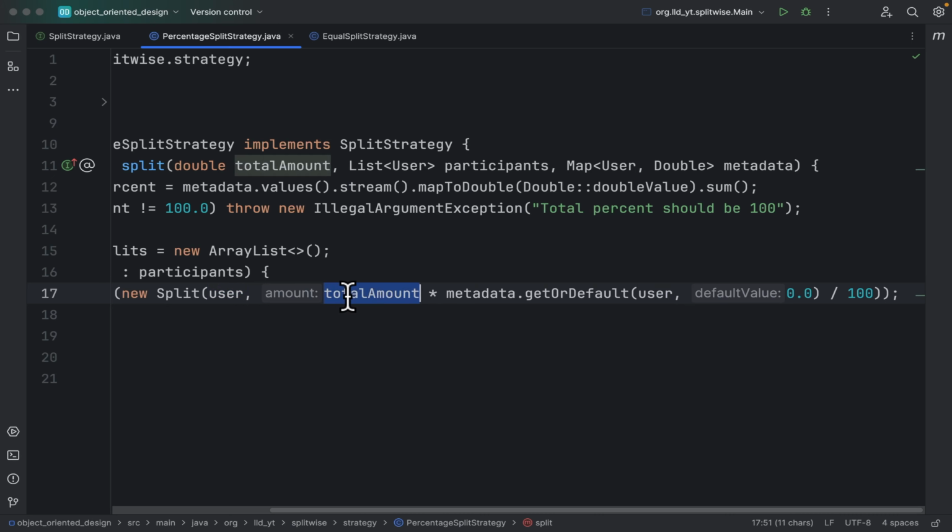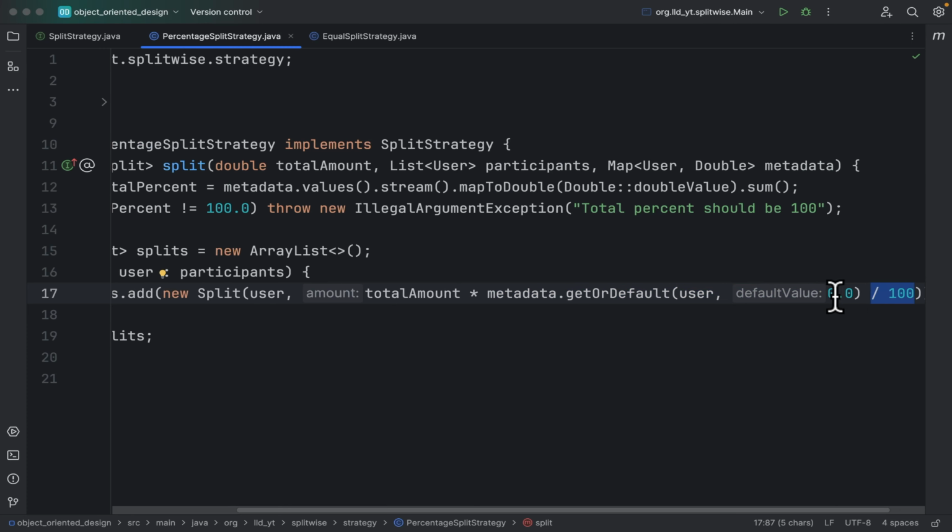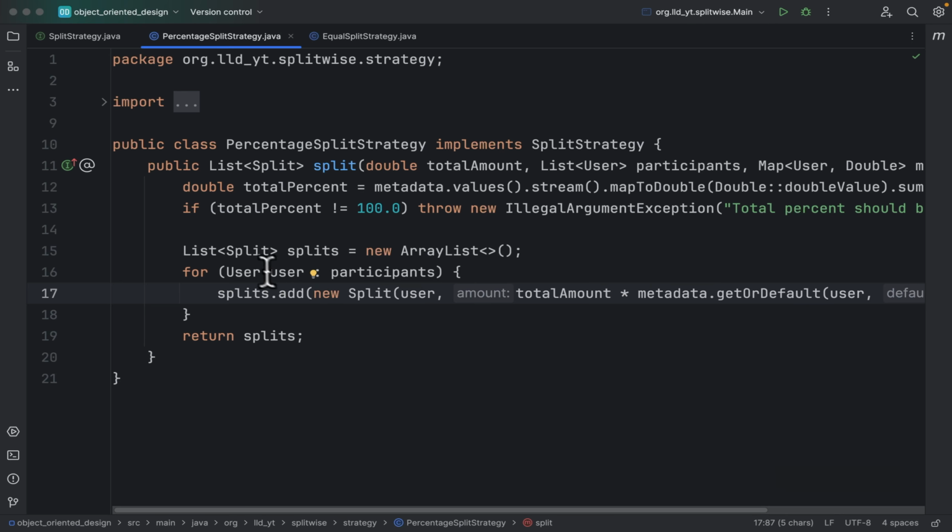In order to calculate the share, we are multiplying the total amount by the percentage. The percentage of that user can be accessed using this function. And since it is a percentage, I'm dividing that by 100 to get the actual value. So this is how we create the list of split. And finally, we would be returning that list.